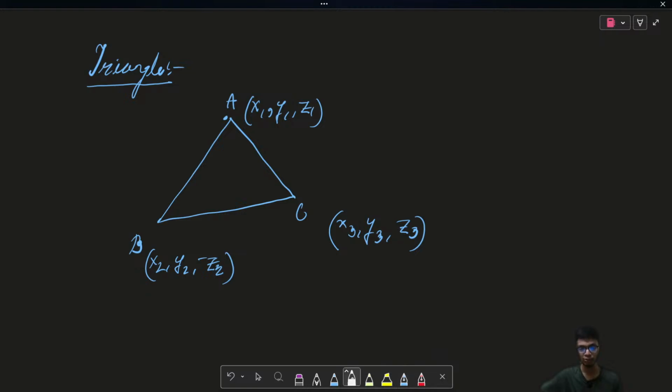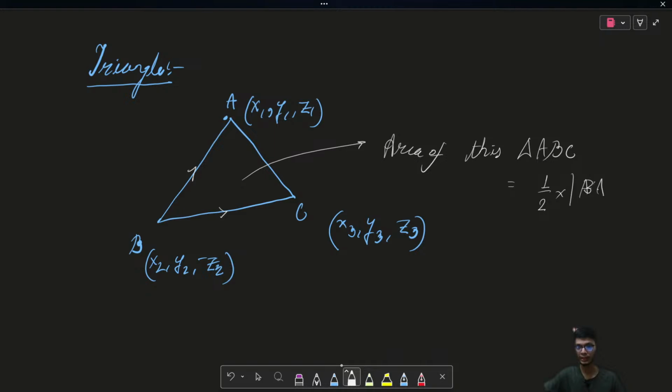What we will do is that we first form two vectors, right? And then the area of this triangle ABC can be given as half times the mod of, let us say we take BA vector cross BC vector.